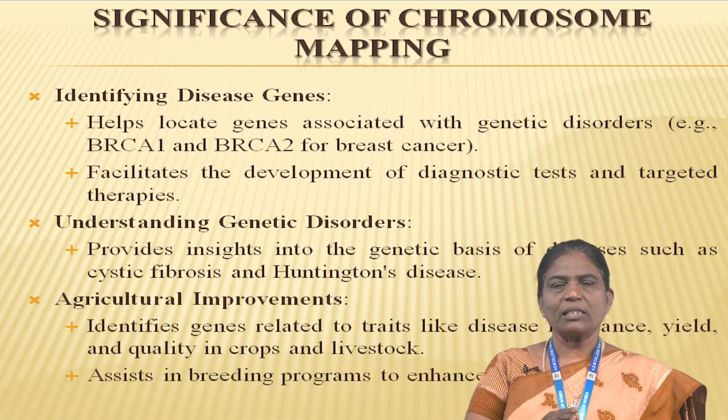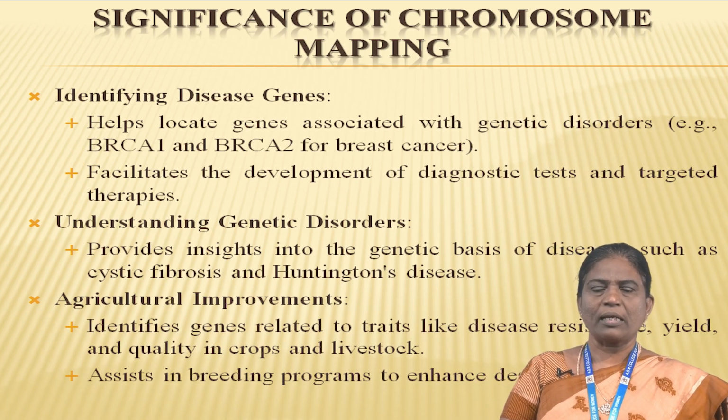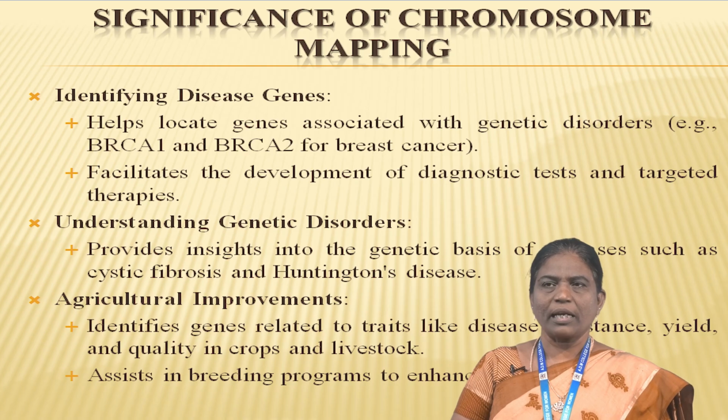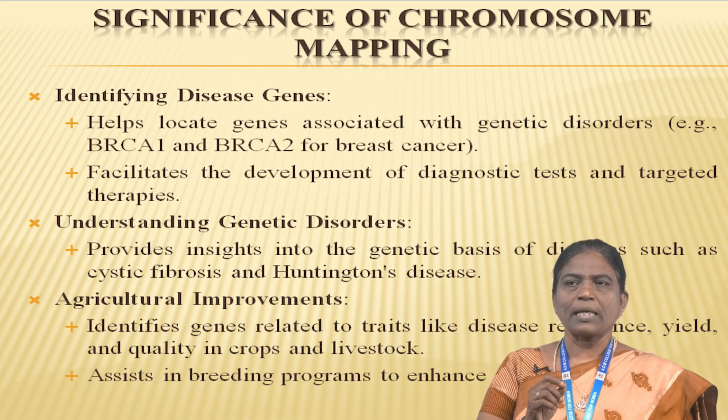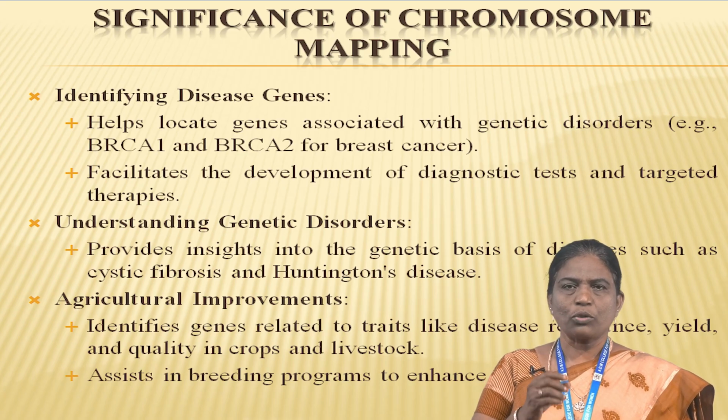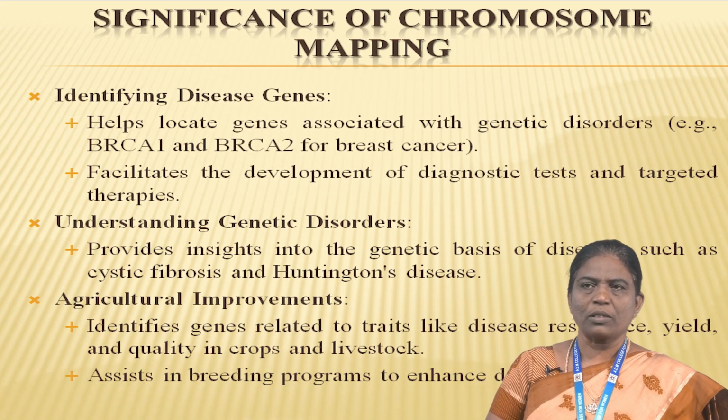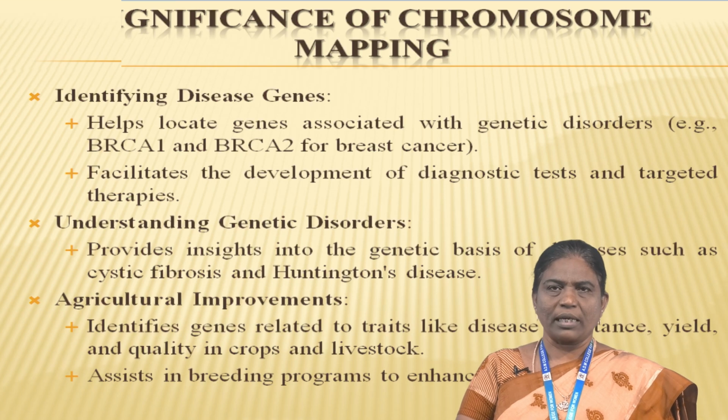And also in agricultural improvements, it helps to identify genes related to traits like disease resistance, yield, and quality in crops and livestock. It also assists in breeding programs to enhance desirable traits.